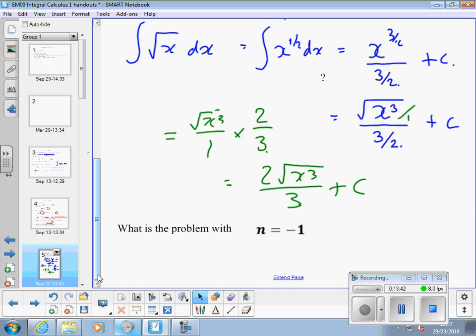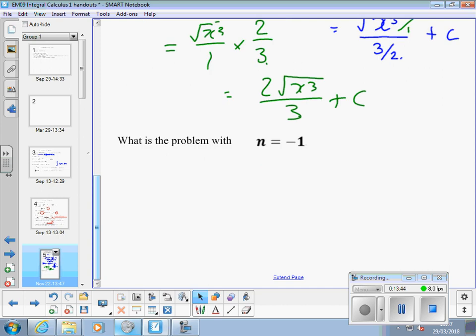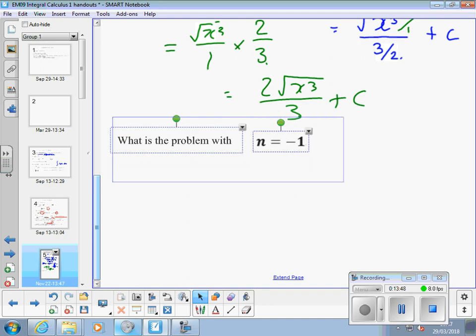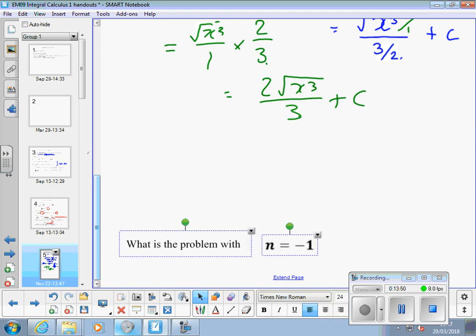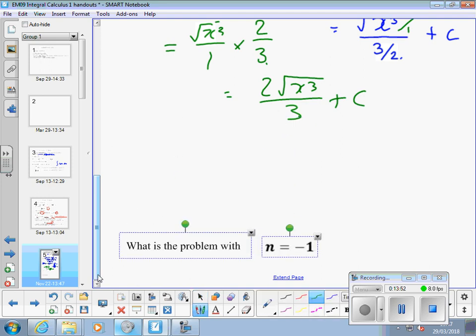Right, this thing about n being minus 1. The function 1 over x, and we want the integral, and it's a special case.